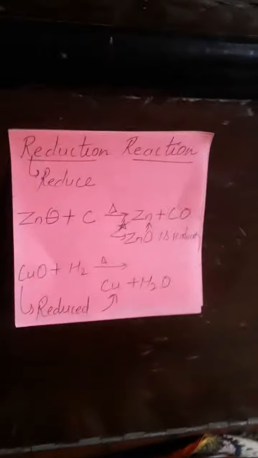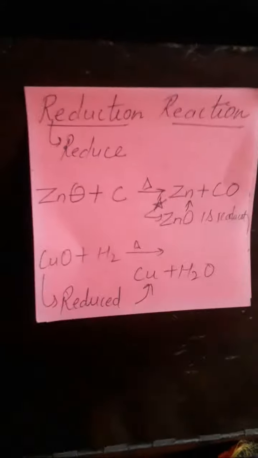Then after that there is the reduction reaction. The word reduction comes from reduce. Reduce means to cut, to become less. So this will be opposite to oxidation. What will happen in this? Here is zinc oxide.